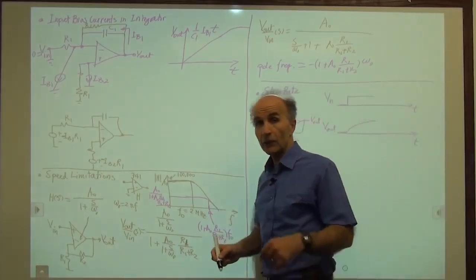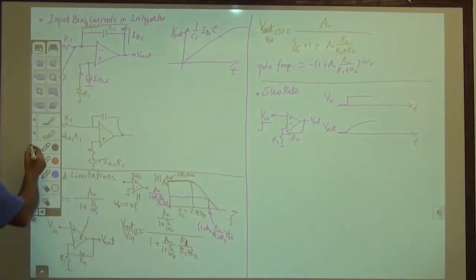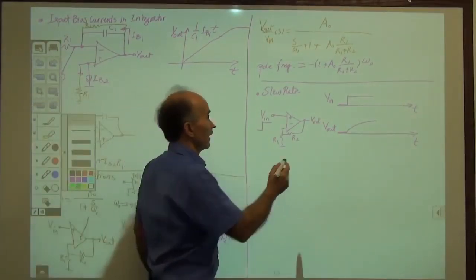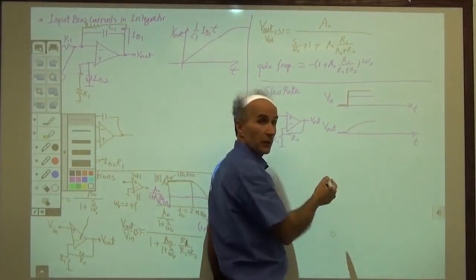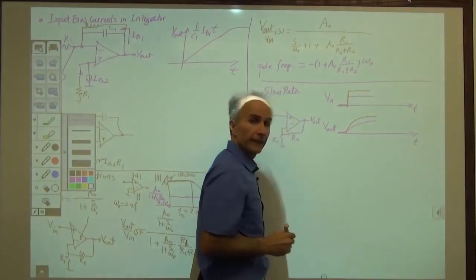Then I keep increasing the height of the step. And what I'm hoping, let's change the color of the pen here. If I increase the height of the step, what should this exponential do? Well, it should go like this, right?